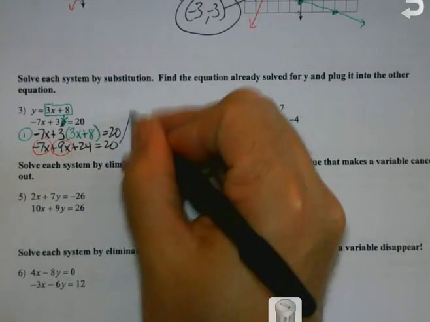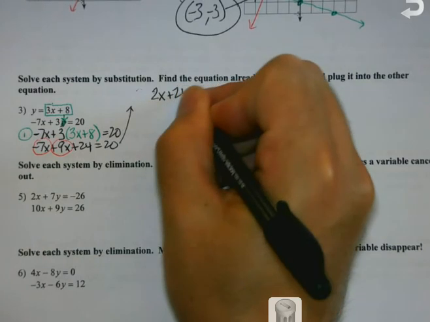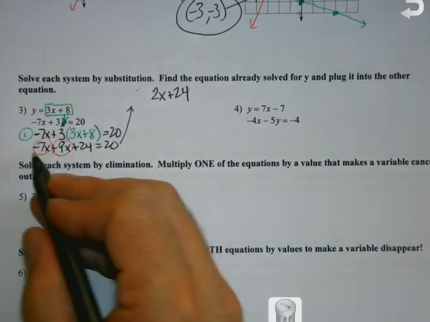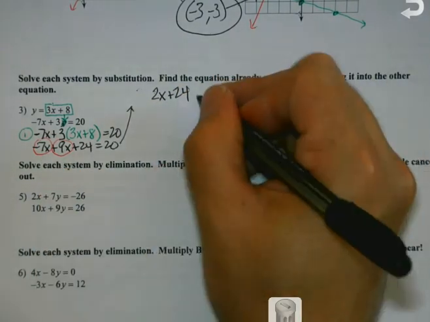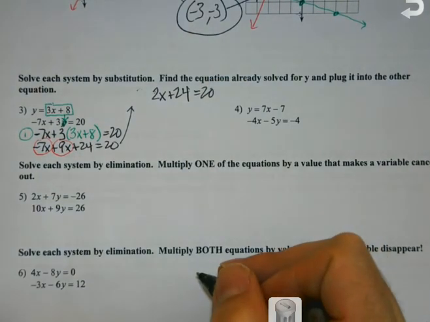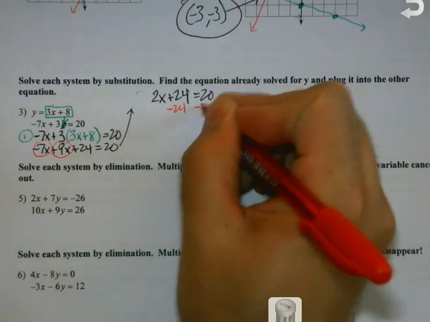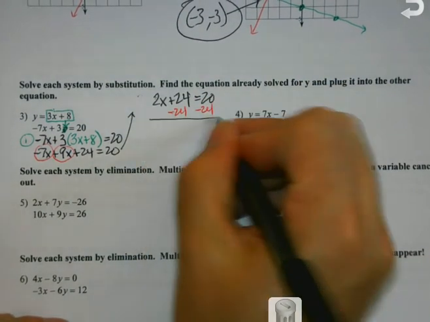I'm going to go ahead and move up here. Notice I didn't do opposites since they're on the same side. Just -7 plus 9 is 2. And then I'm going to go ahead and solve the rest of this. I'm going to go ahead, minus my 24 from both sides.